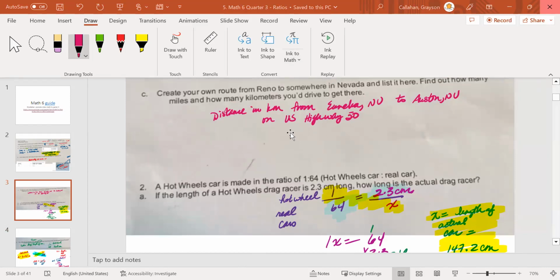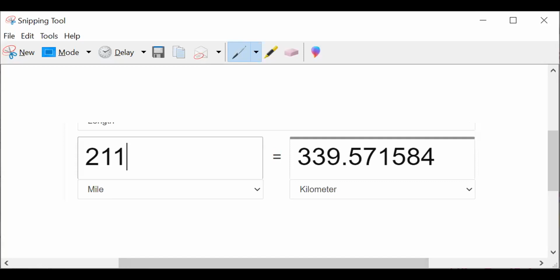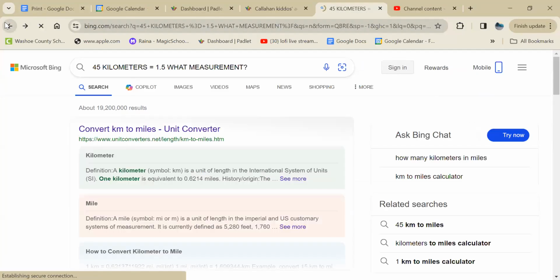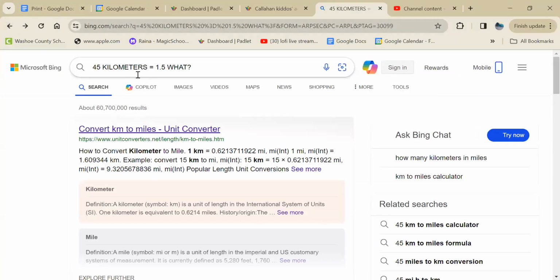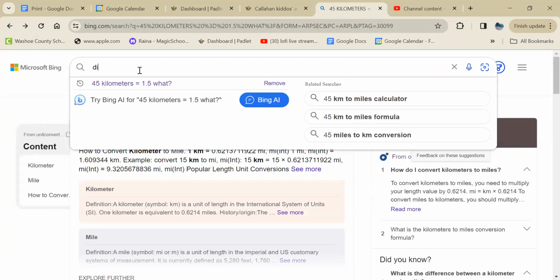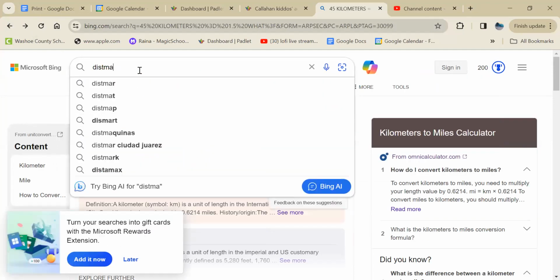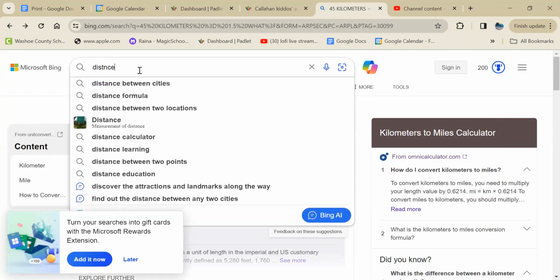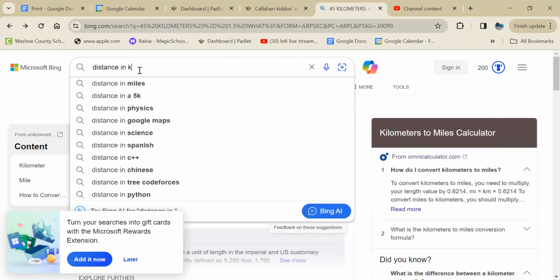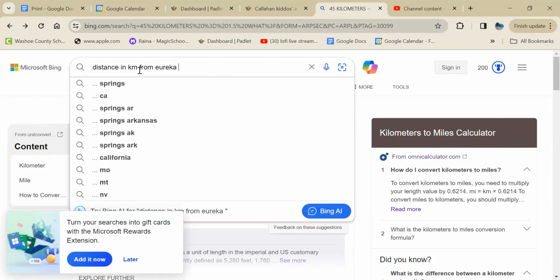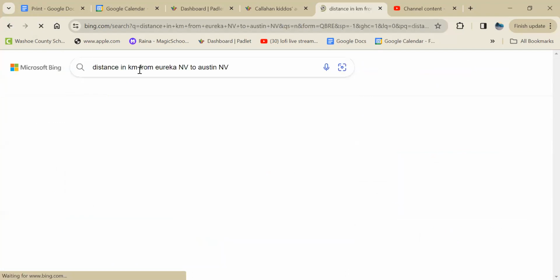And I'll help you find the exact one. Okay. Distance in kilometer from Eureka, Nevada to Austin. 4.5.